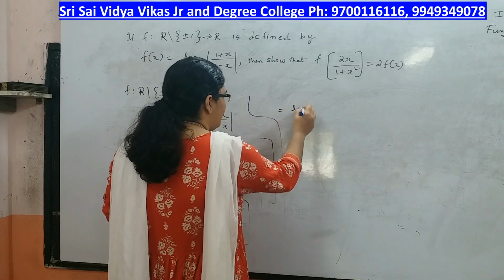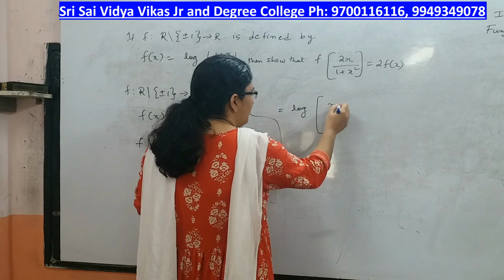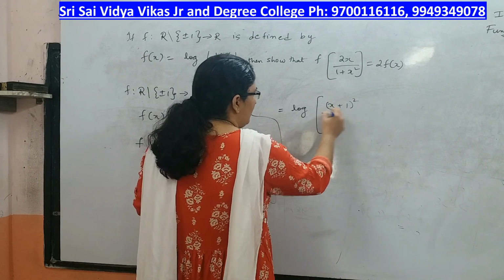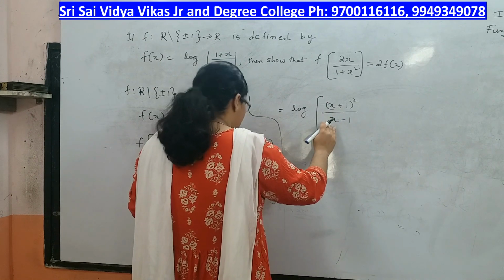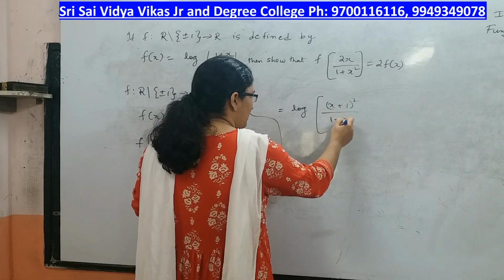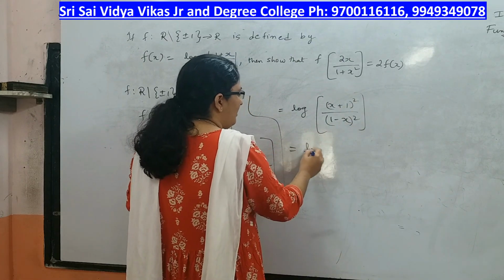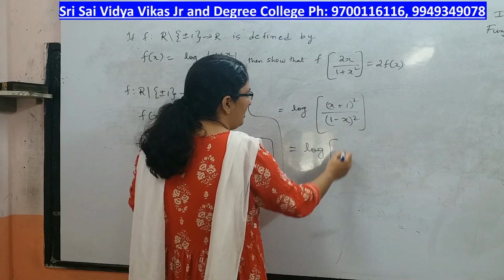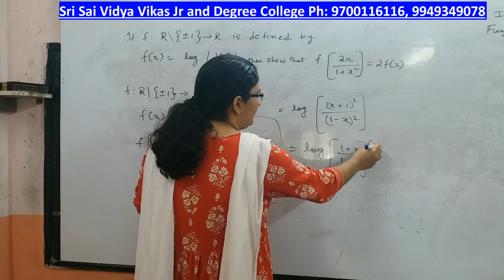This is log of x plus 1 whole square by x minus 1, or 1 minus x whole square. If you take the common power, you have log of 1 plus x by 1 minus x whole square.